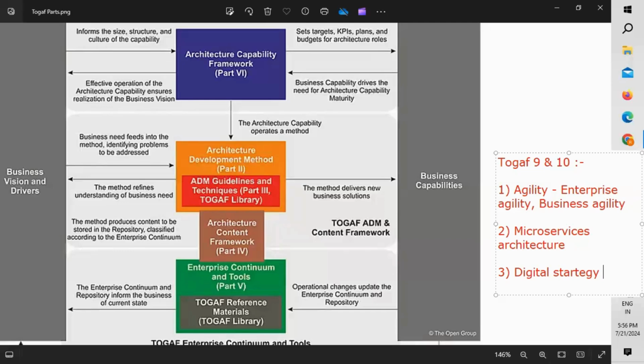Third, digital strategy, is also included. So these are the three points included when comparing TOGAF 9 to TOGAF 10. Clear? Okay, got it.